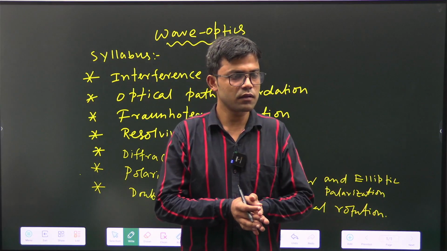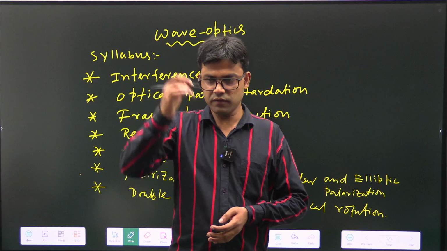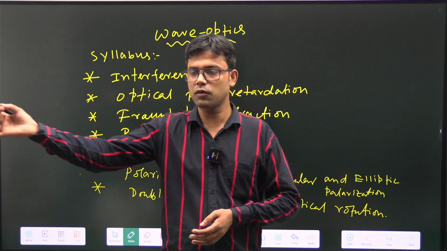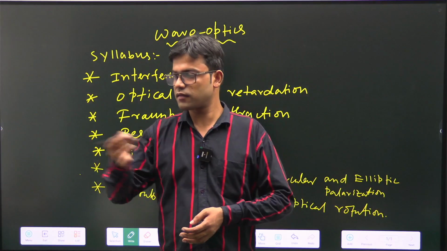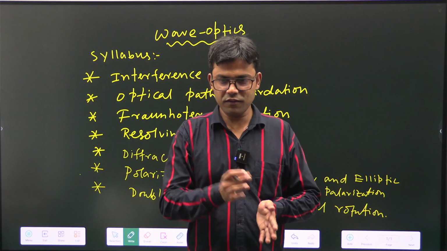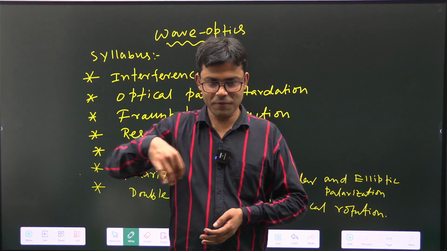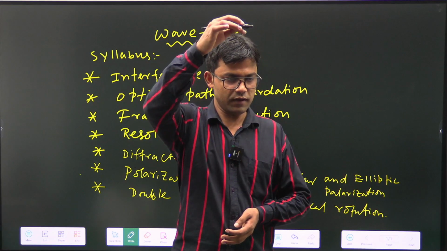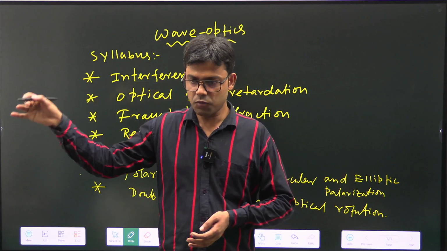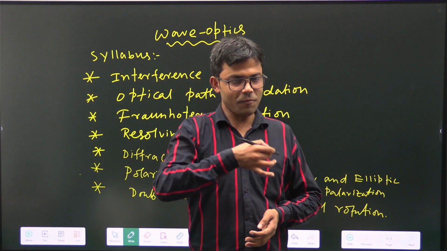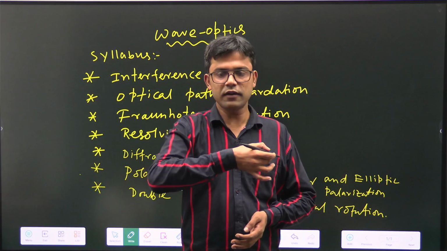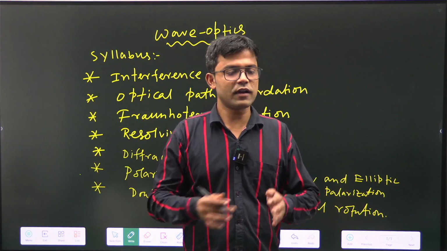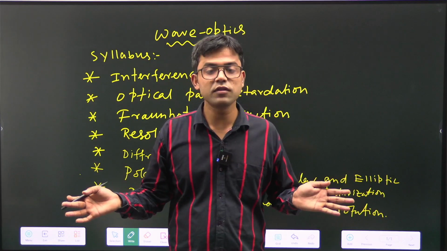Transverse wave means the direction of oscillation of the electric field is perpendicular to the direction of propagation of light. In Griffiths, you must have seen on the first page, the EM wave picture is given like this. So we see that the direction of oscillation of the electric field is perpendicular to the direction of propagation of the wave, and also the direction of oscillation of the magnetic field is perpendicular to the direction of propagation of light. Basically all these three are mutually perpendicular.